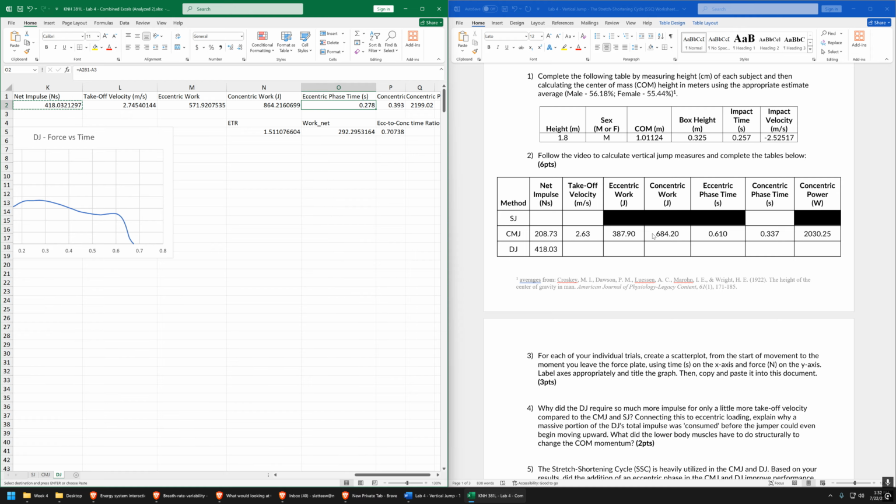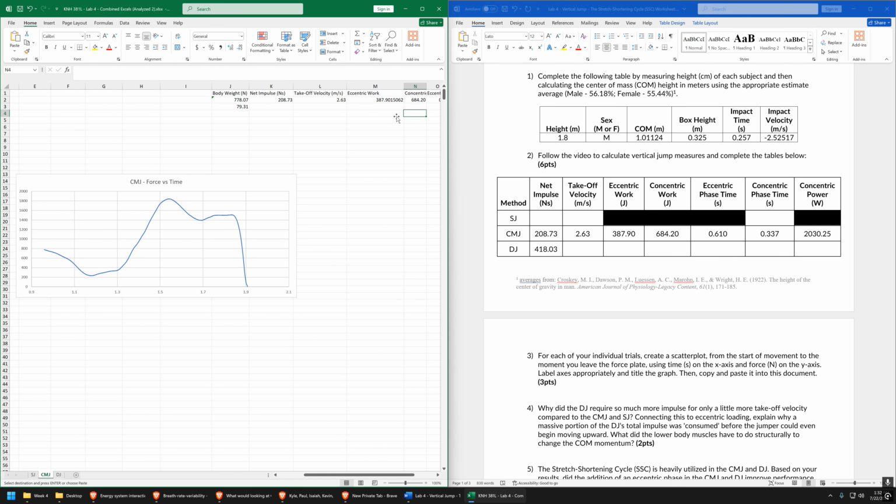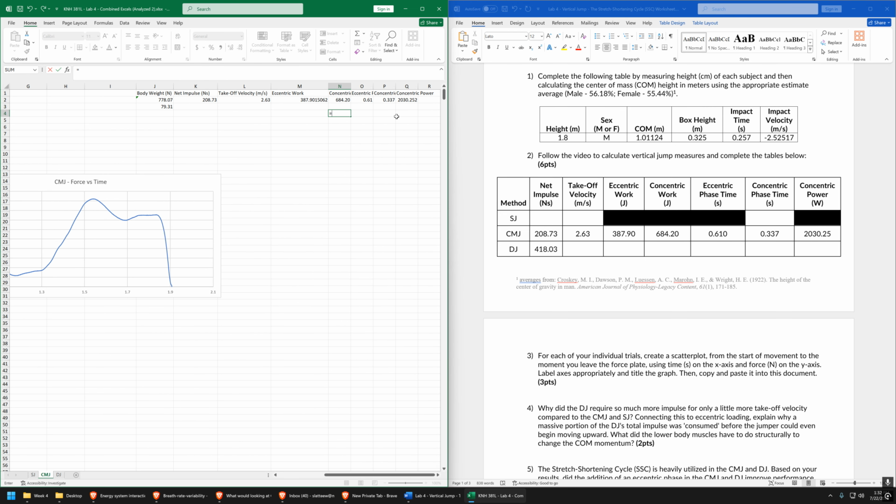If I remember right, if you do the difference between these two to find net work, I think I have it over here. No, I don't have it over here, but let's just take a quick look. Let me zoom in on that so it's a little bit easier for you to see.